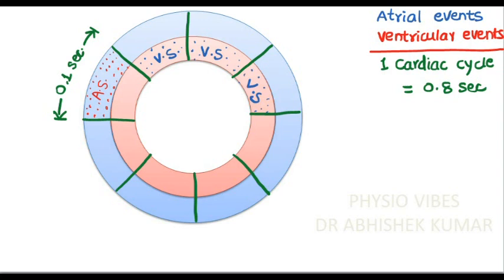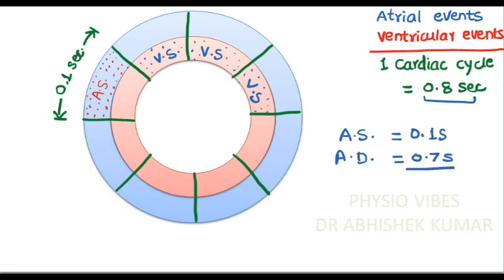Thus we can say the duration of atrial systole is 0.1 second, and the remaining portion of 0.8 second is atrial diastole, so it will be 0.7 seconds. Together it will come to 0.8 second.